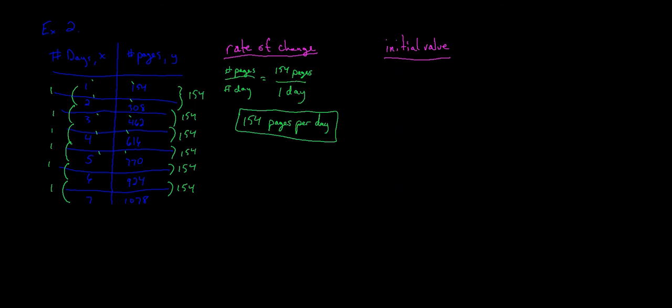Now that said, we'll go ahead and verify that by using our point slope form. We can pick any point that we're given: (1, 154), (2, 308), (3, 462). We'll go ahead and use the first one since it involves 1, which usually makes it a little bit easier. So y minus 154 equals m, which is our rate of change, 154 times x minus 1.